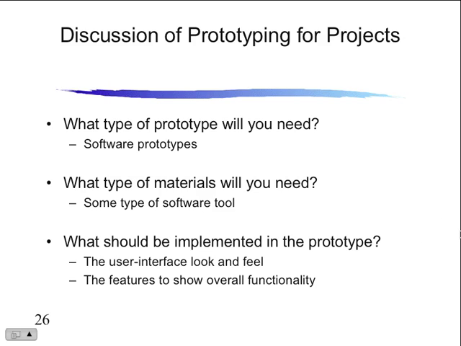What should you implement in the prototype? That's the more interesting question. So most people are going to implement the look and feel. They're going to implement what the screens look like. You don't have to. You don't have to implement that at all. In fact, if you don't have any artistic ability, you don't know how to do screenshots, you don't know how to draw, you don't have to. What you can do is implement maybe a list of the features.